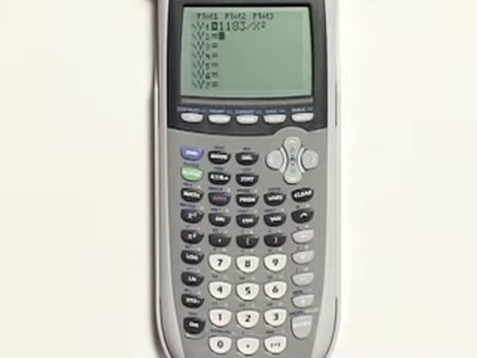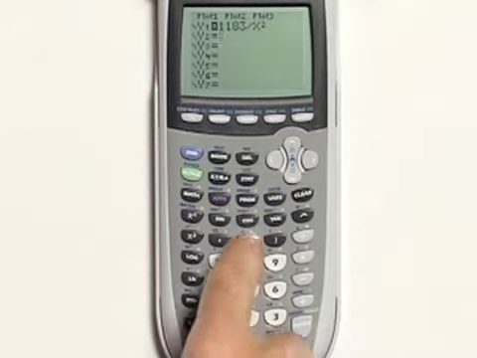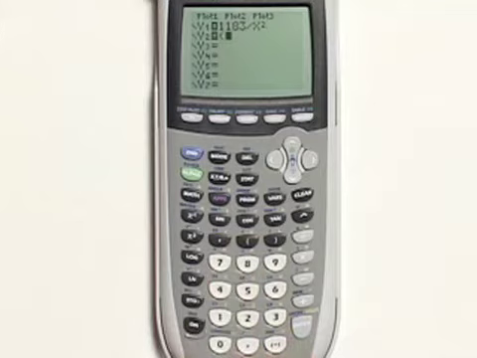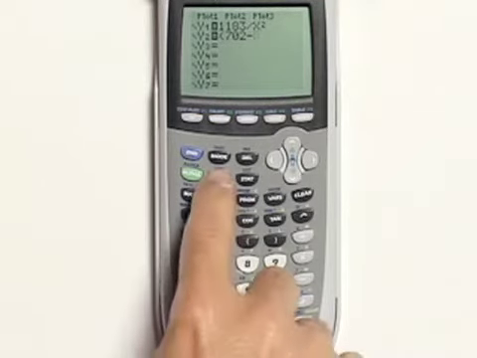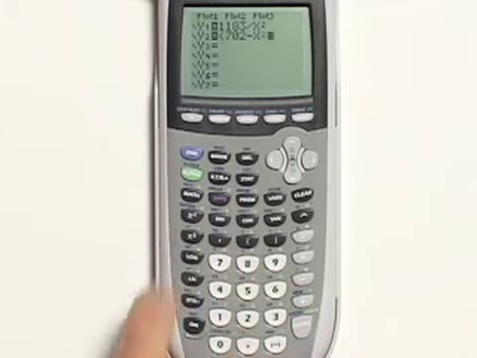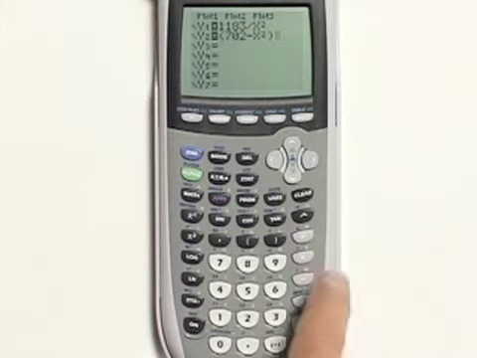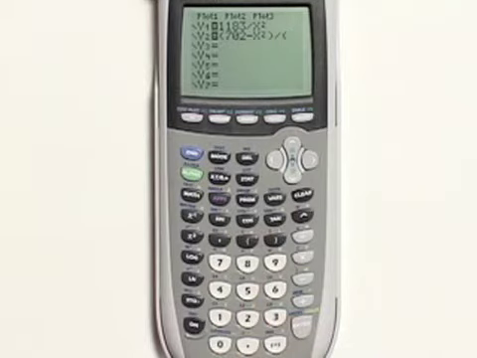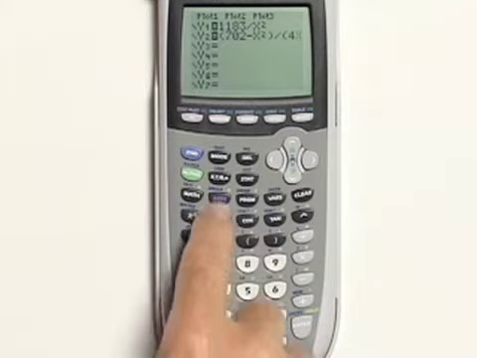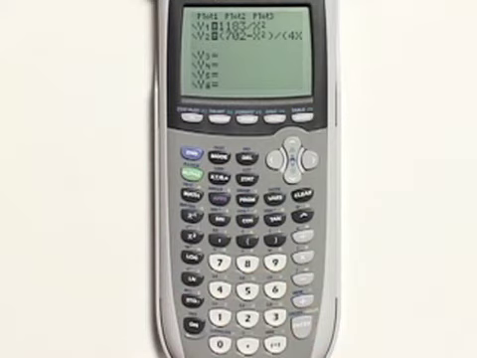And this time we're going to enter an expression, so we use the open parenthesis key, 702 minus, now we press the x variable key followed by the x squared key so that we get 702 minus x squared. We close the parentheses, and now we want to divide that, so press the division key, and now open the parenthesis because what we want to divide by is 4 and x. So press the x variable key, now close the parenthesis.